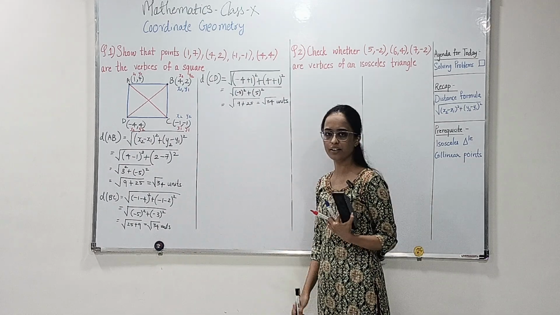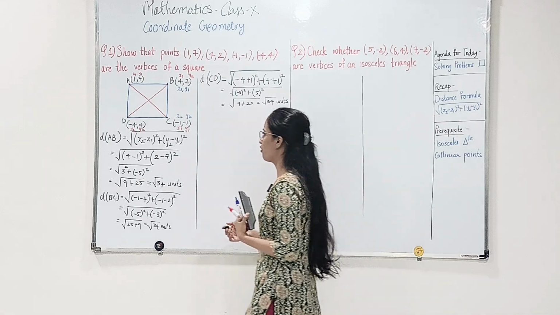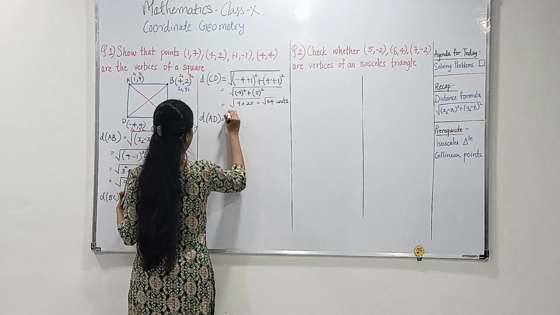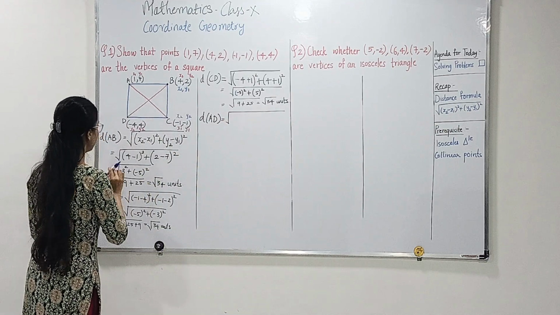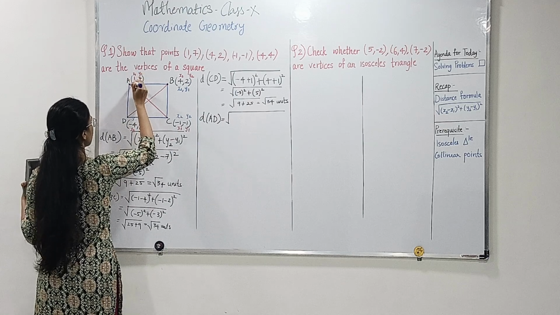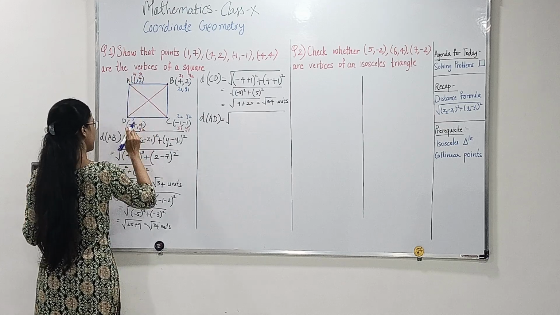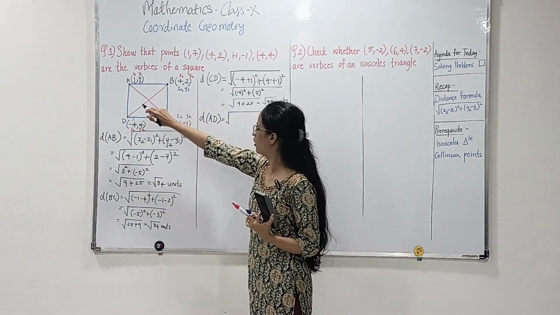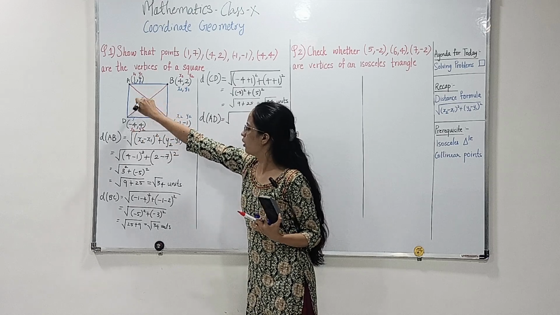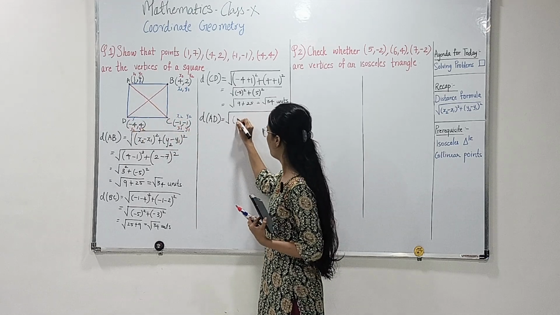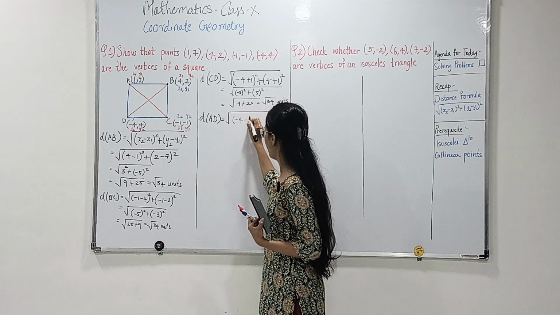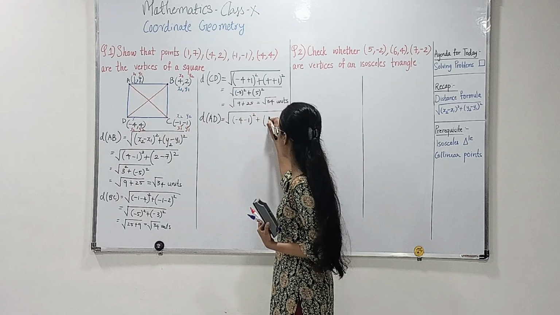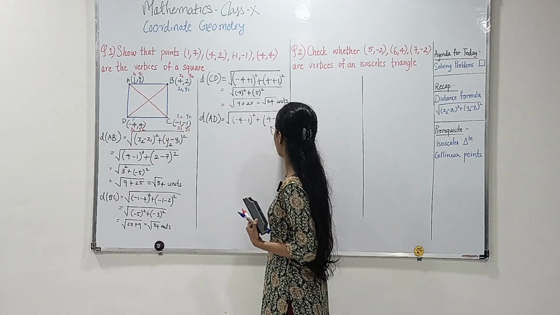Now finally we are going to calculate the length of the fourth side, that is distance AD. So again, if you see, now here this is your x1, this is your y1, and again this is your x2, this is your y2. So your x2 is minus 4 minus 1 the whole square plus y2 minus y1, so 4 minus 7 the whole square.